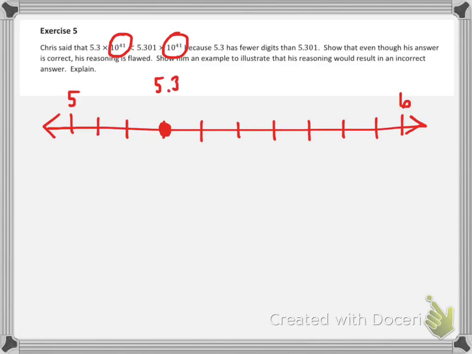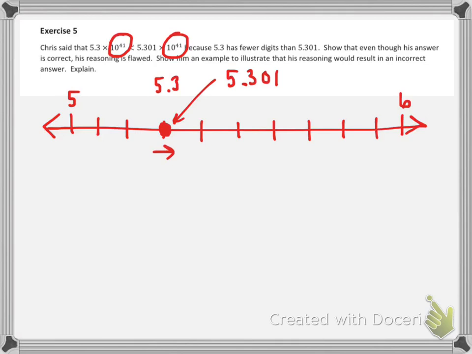And then 5.301 would just be a little bit farther to the right, somewhere in there. So 5.301 is a little bit bigger than 5.3.